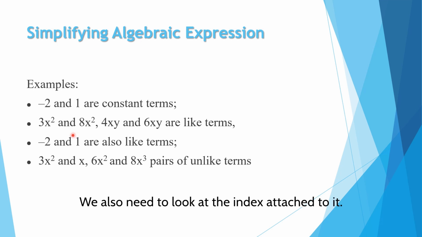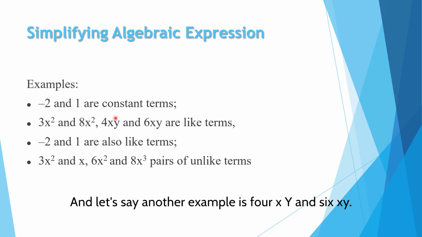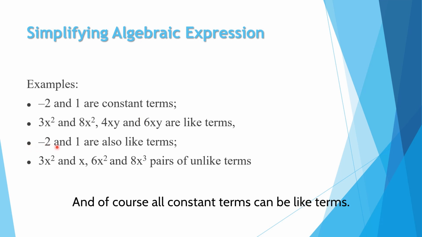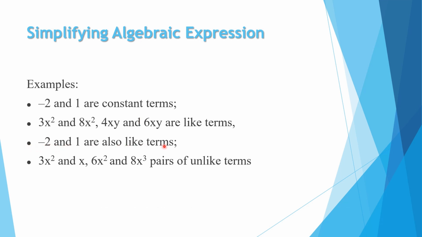We also need to look at the index attached to it. Another example is 4xy and 6xy. They are also like terms, because both of these terms have the same letters plus the same index for the letters. And of course, all constant terms can be like terms.